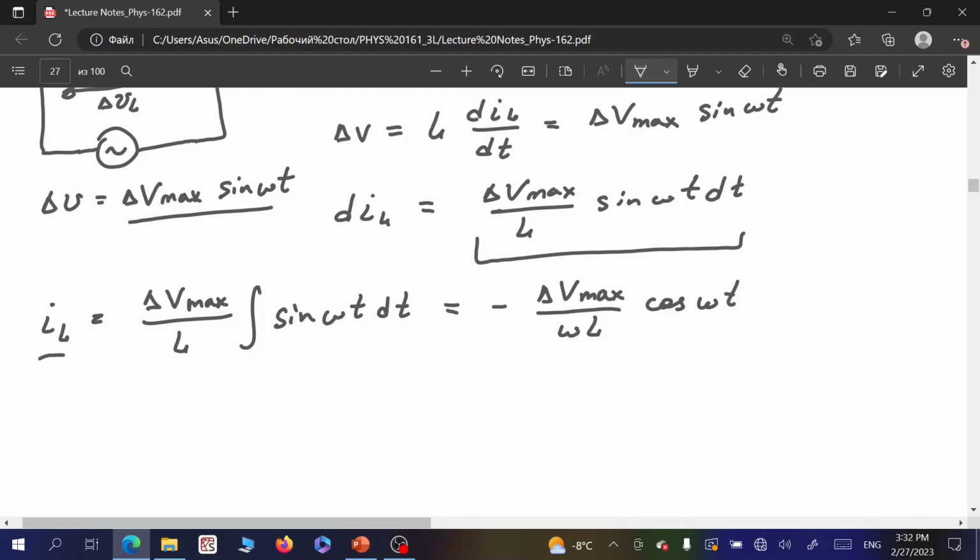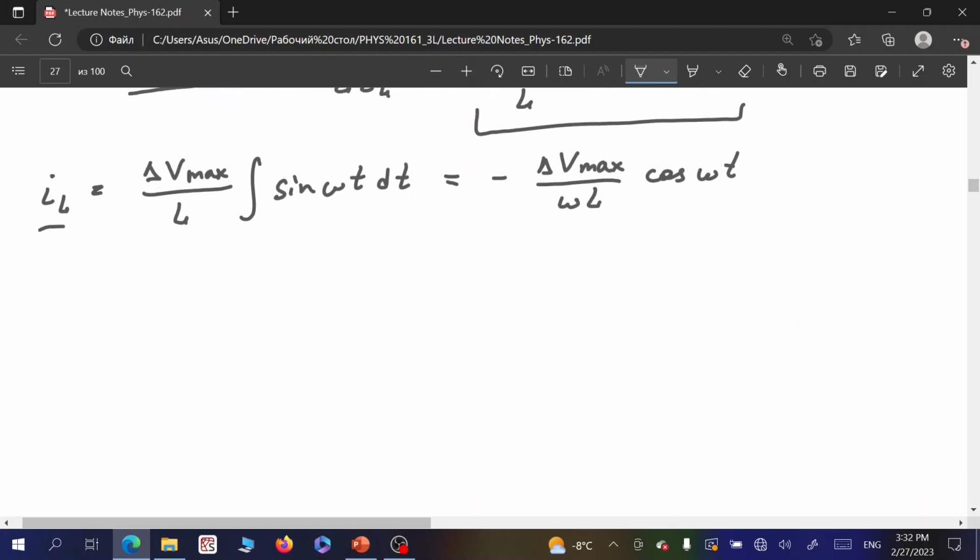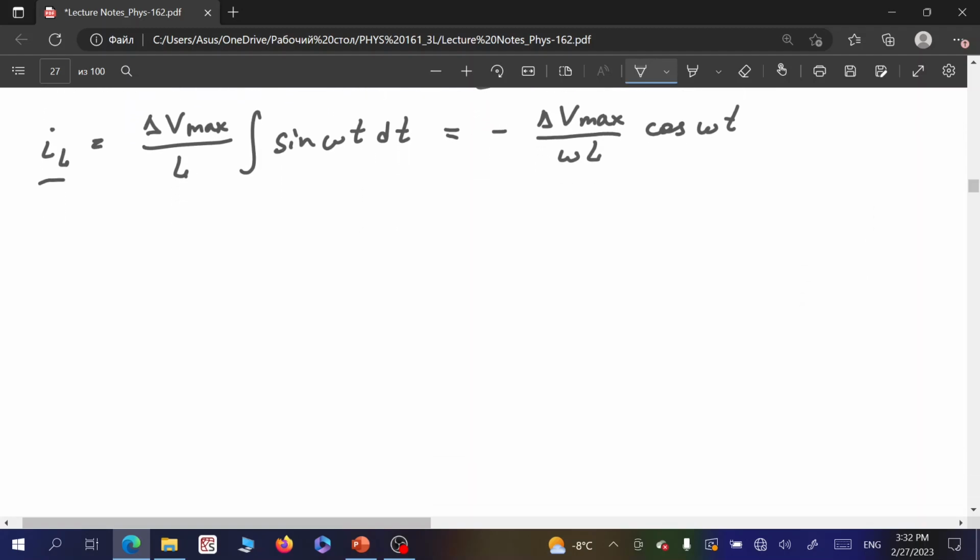So now we can apply a trigonometric transformation, which tells us that cosine omega t can be represented as minus sine omega t minus pi over 2, and substitute it here.